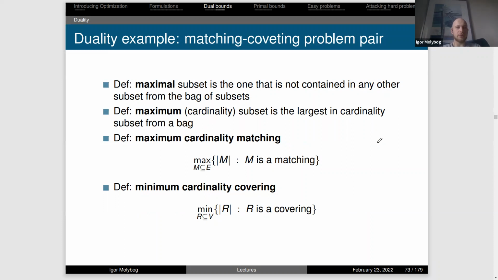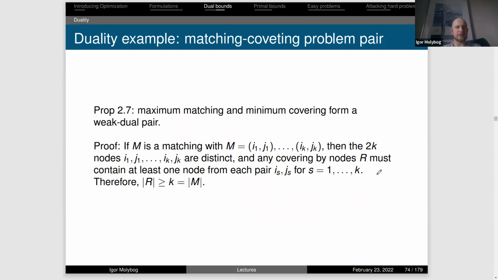I will try to find a problem of the same level of difficulty that also consists in showing that a pair of problems forms a primal dual pair. In this case, you would need to follow the proof showing that maximum matching and minimal covering form a weak primal dual pair.